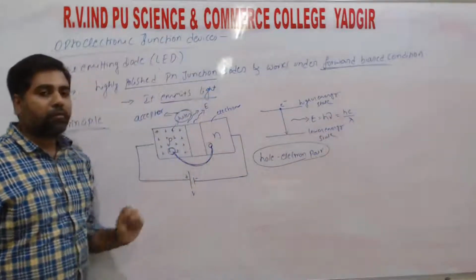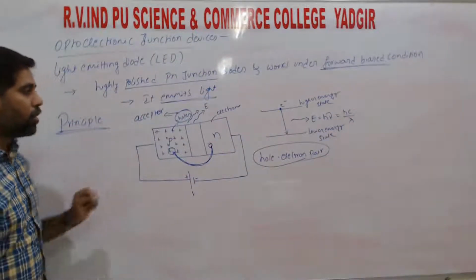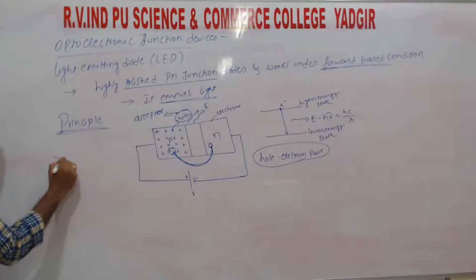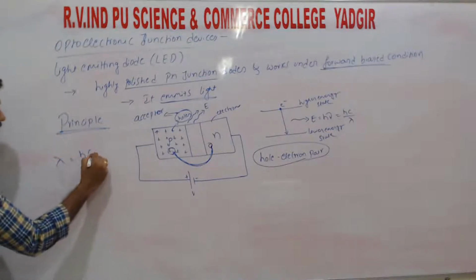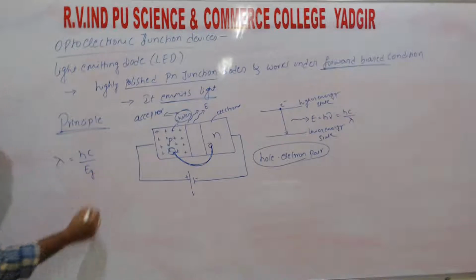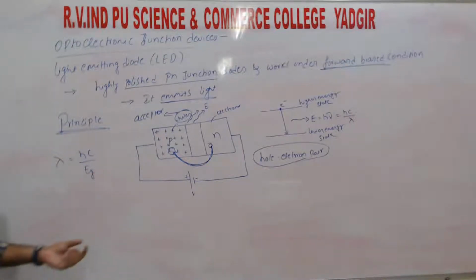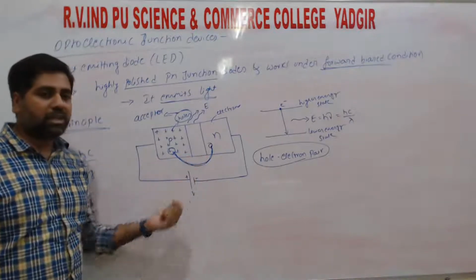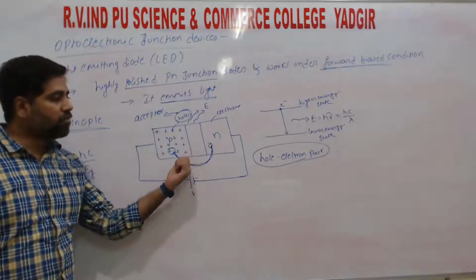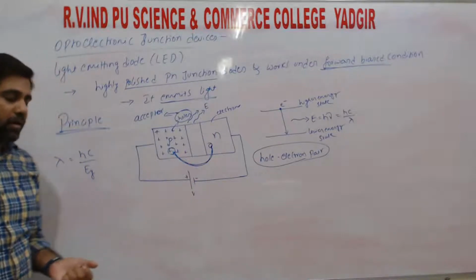So if we rewrite the relation, lambda is equal to hc divided by Eg, where Eg is the energy gap between the two energy levels, that is between the conduction band and the valence band, right?